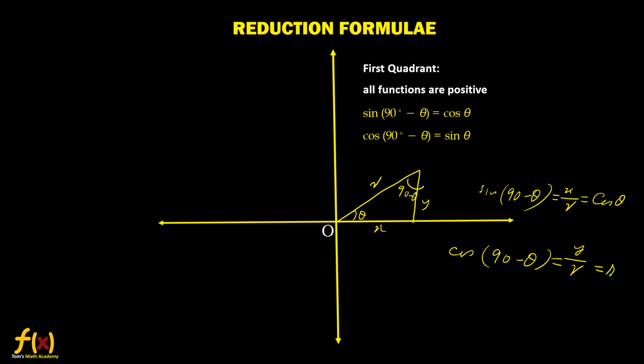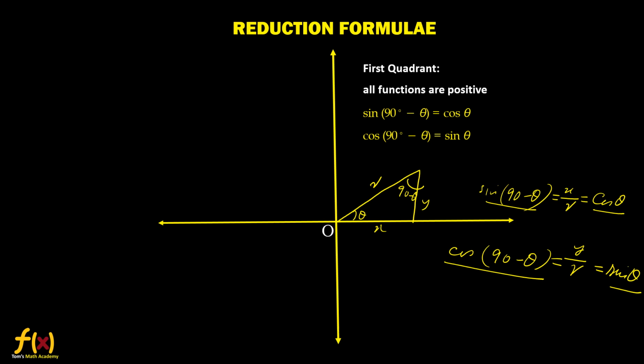So this is sine theta. So what we understand, cos of 90 minus theta is the same as sine theta. Sine of 90 minus theta is the same as cos theta. So when you have 90 in the question, remember sine becomes cos, cos becomes sine. Very, very important. Don't forget that.